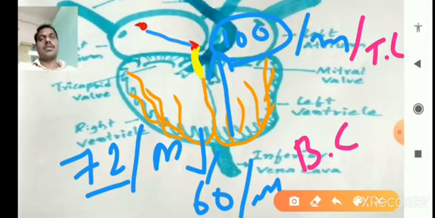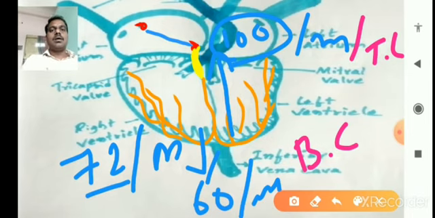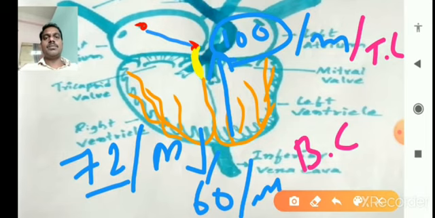So there are two conditions: one is bradycardia, where the heartbeat is very low, and when the heartbeat is very high, above 100, we call it tachycardia. This can happen due to differences or lost structures in the heart, in the ventricles and auricles, which affect the heartbeat, and also thyroxine. Thyroxine is also effective in bradycardia and normally in tachycardia.